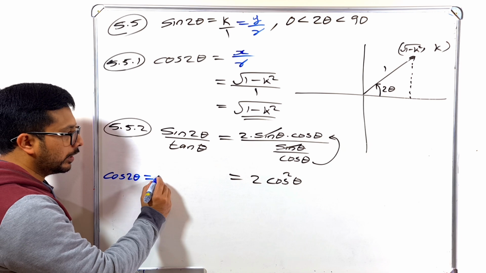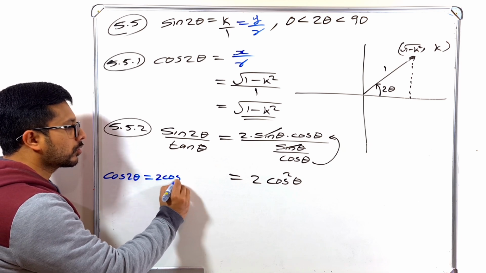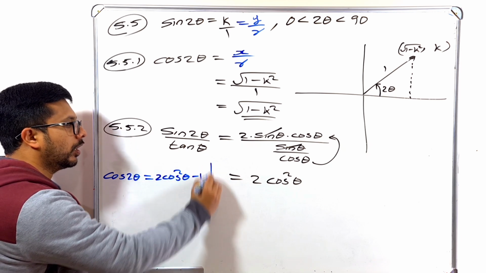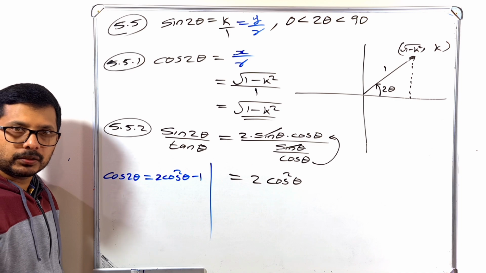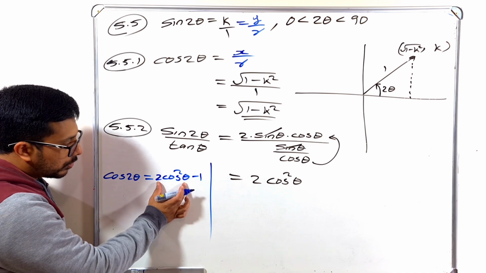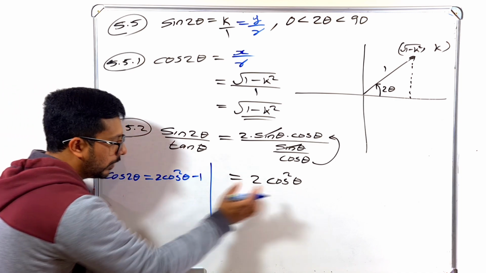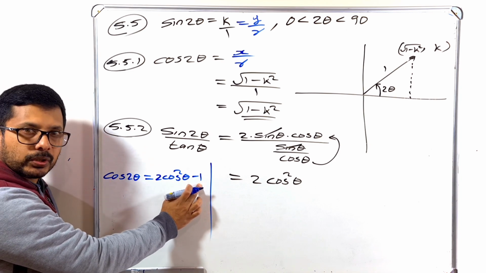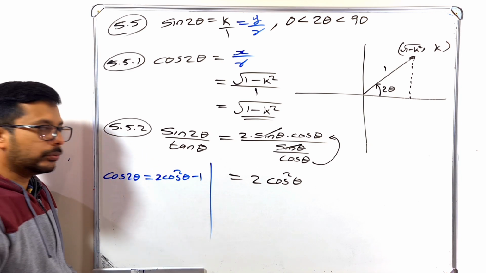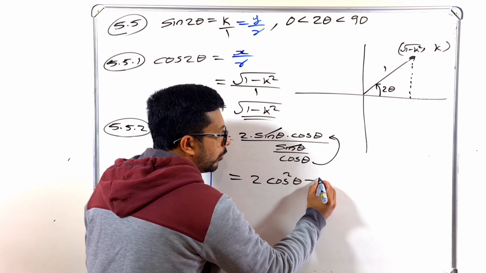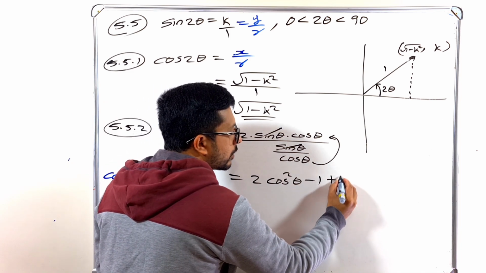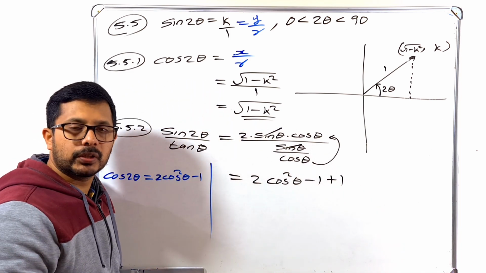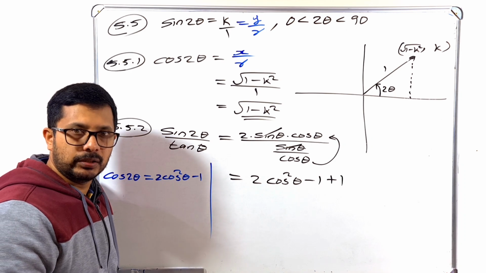Okay, there is an expression like this, 2 cos square theta minus 1. You remember that one? Okay, so here 2 cos square theta is here. What is the shortage to write it like this? There is a minus 1 shortage. Okay, so what I am going to do is, look at this, I am going to write a minus 1 then plus 1. Minus 1 plus 1 is 0, so I don't make any difference in the question.